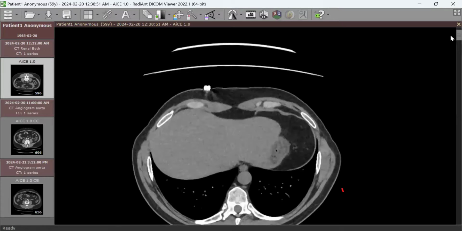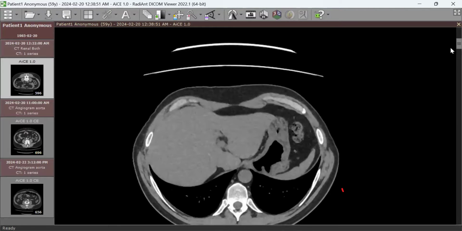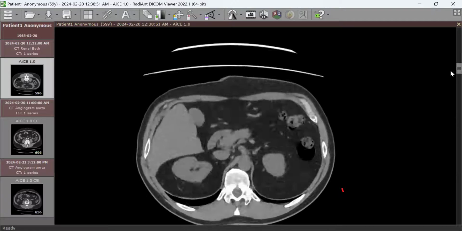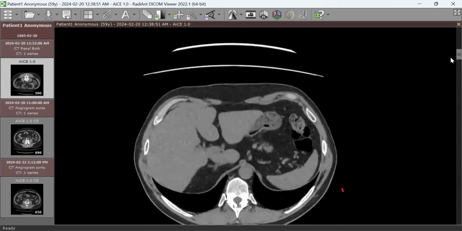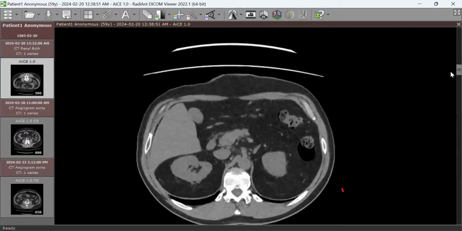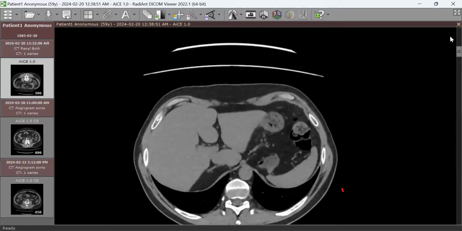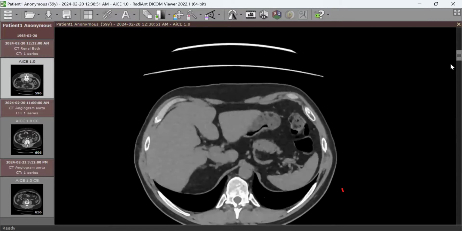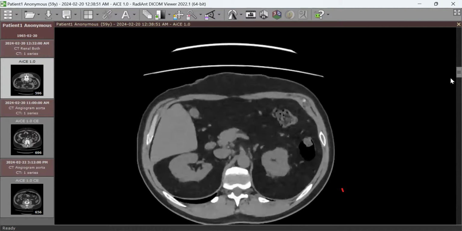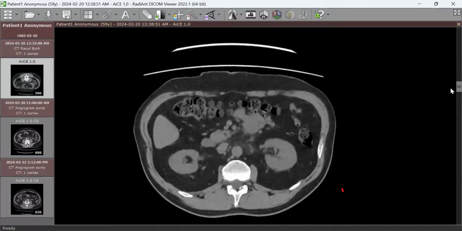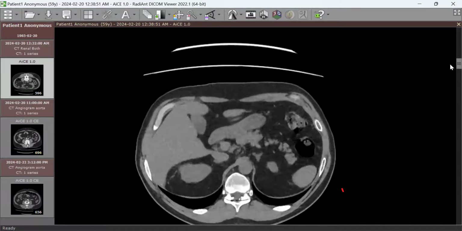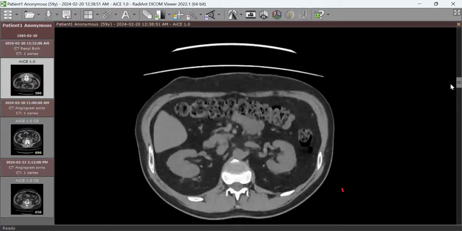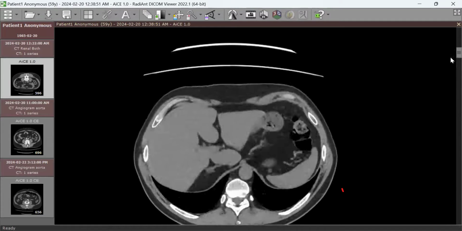Describe your system. Liver normal size, no focal lesion seen. Spleen normal size, no focal lesion. Kidneys, as we said, normal size, no hydronephrosis. Adrenals are good. Pancreas normal, no focal lesion.